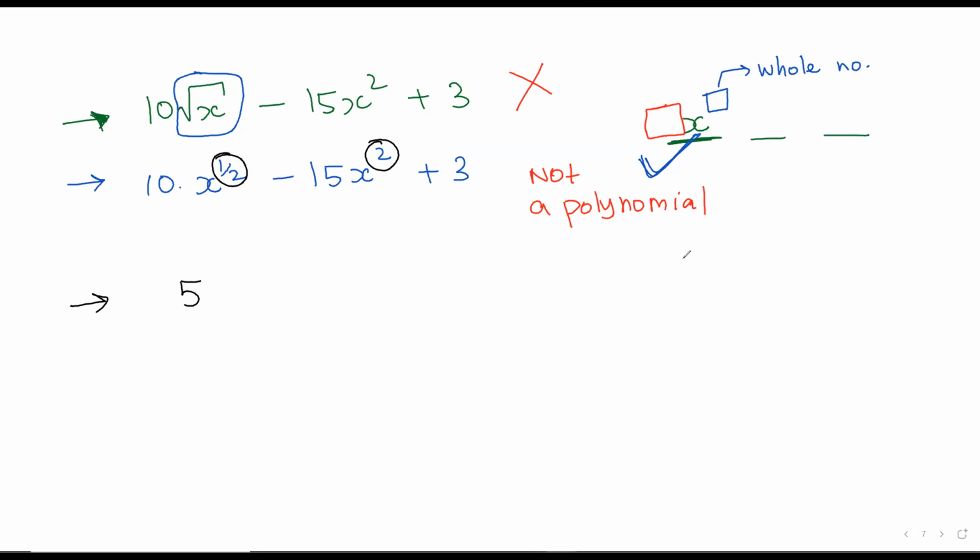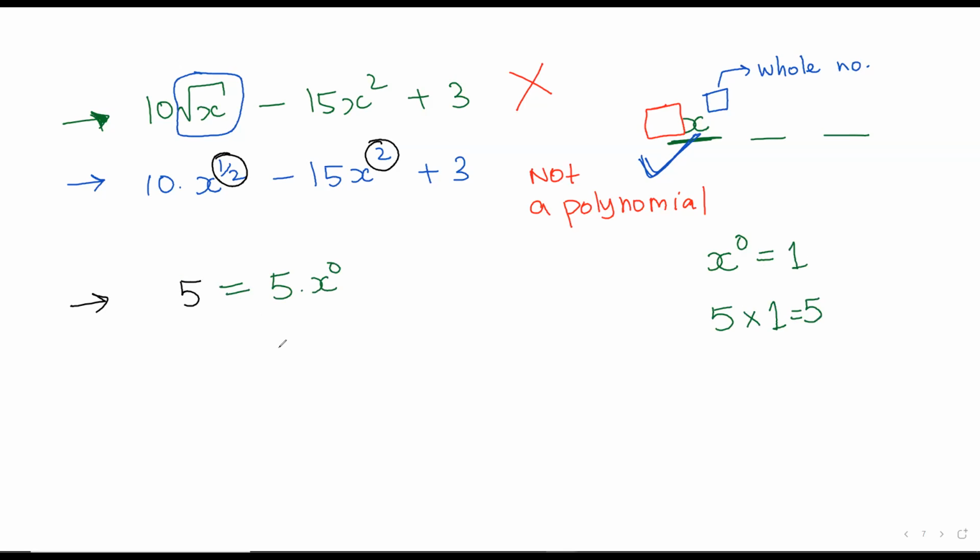Okay, take a look at this. If I write x to the power 0, what is this equal to? Ma'am, 1. So now if I write 5 into 1, what is this equal to? Ma'am, 5. So can I write this as 5 into x to the power 0?